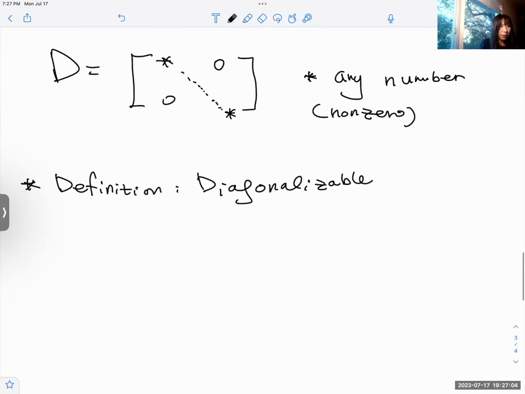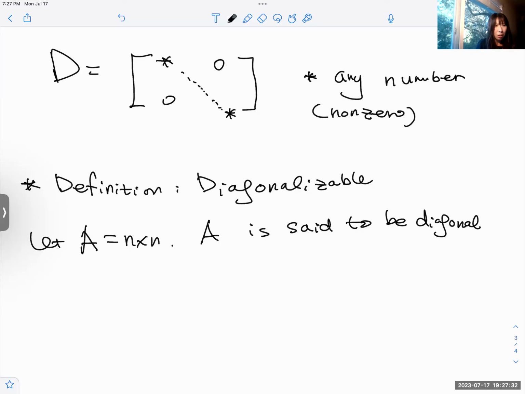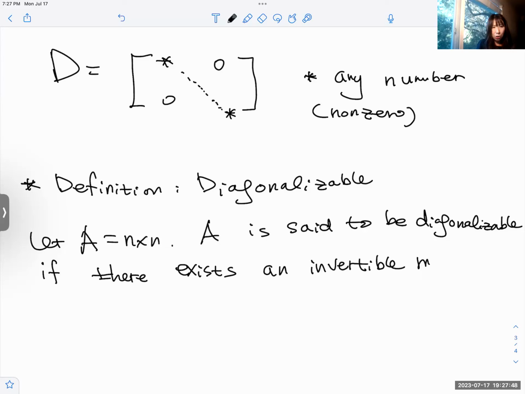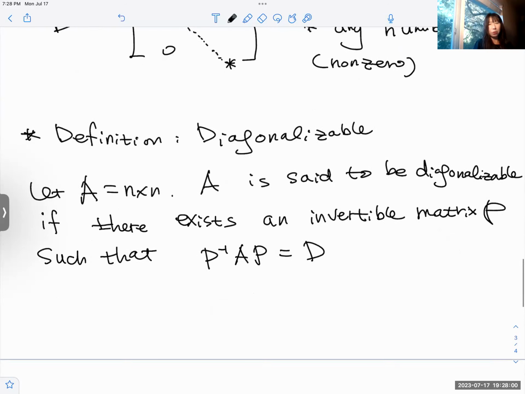Let A be a matrix n by n, and A is said to be diagonalizable if there exists an invertible matrix P such that the inverse of P times A times P is a diagonal matrix, right?